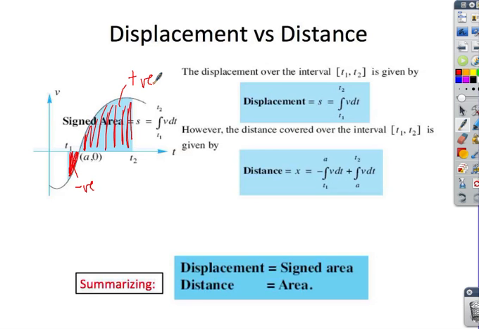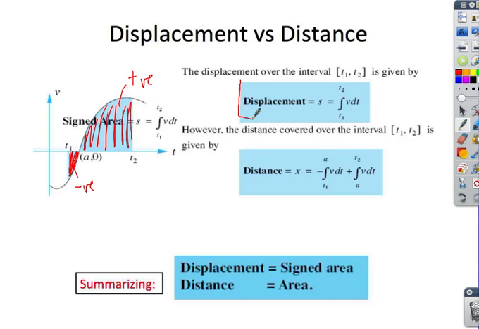So for example, on the interval from t1 to a, since that interval is going to be negative, we would need to deal with that and make its integral opposite, like we've already learned with some of the properties for finding definite integrals. And then obviously on the interval from a to t2, that area is above the x-axis already, which would come out as positive, and so we wouldn't have to make any adjustments to that at all. And again, that's shown here.